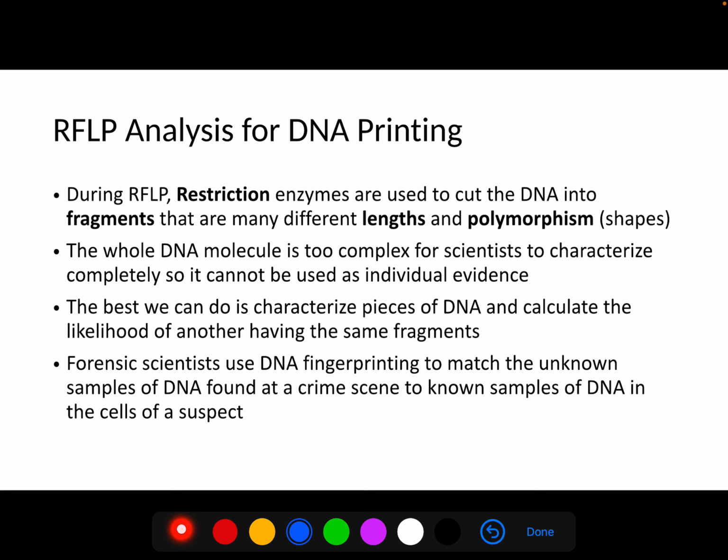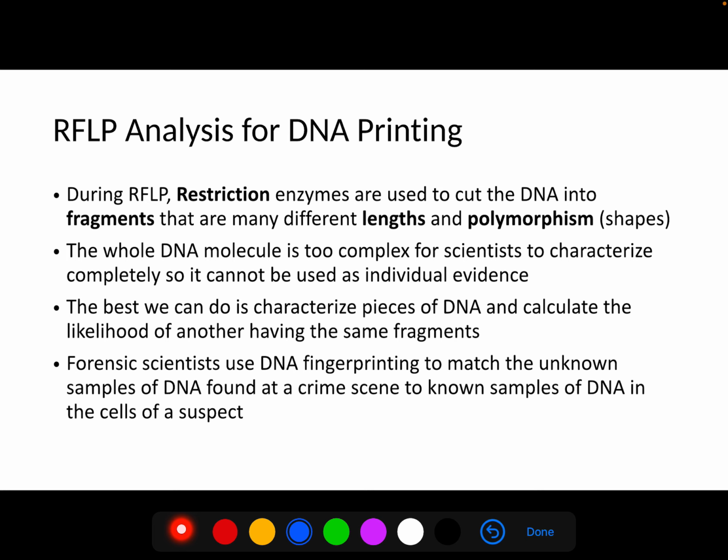So if we're looking at the DNA molecule as a whole, that is not going to be considered individual evidence, because a lot of our base pairs are going to be the same from one person to another, because those are the things that make us human. What we can do is look at certain chunks and fragments of that DNA and characterize those pieces. And we look at the likelihood of other individuals having those same pieces.